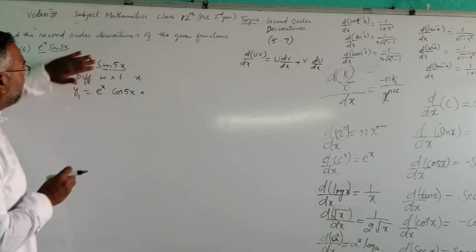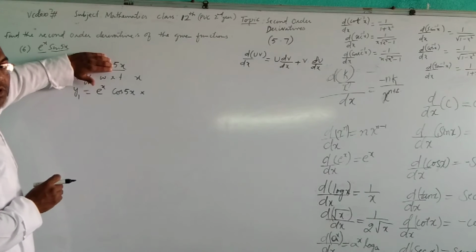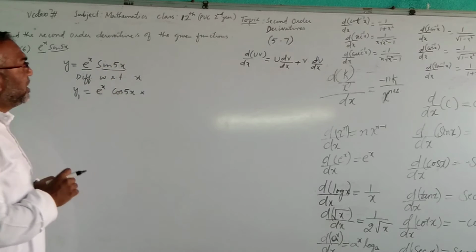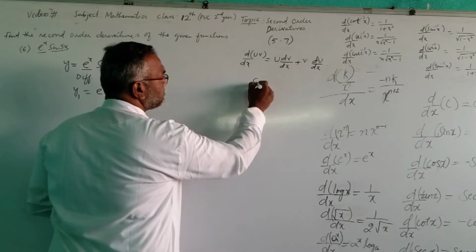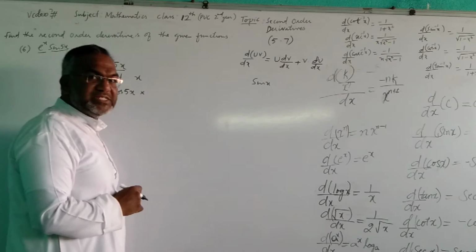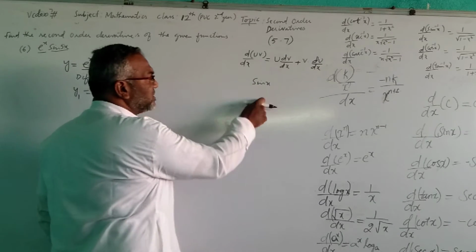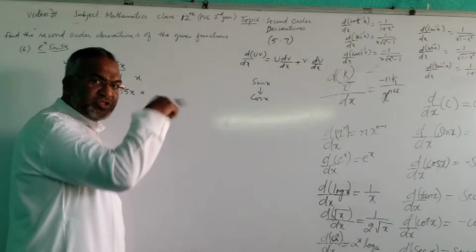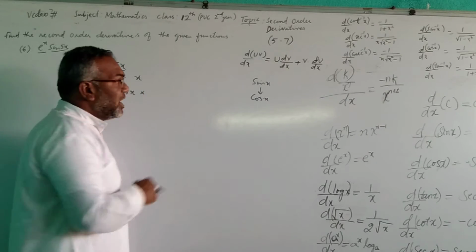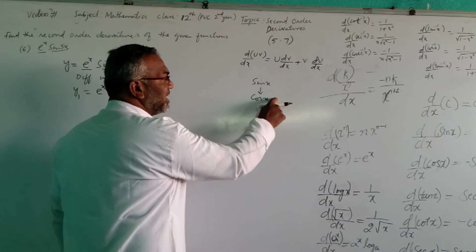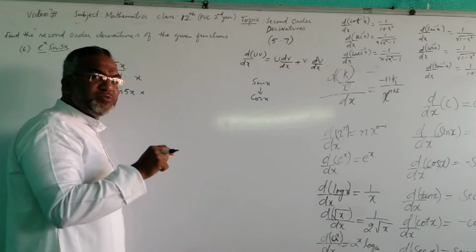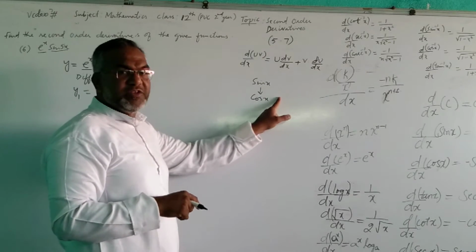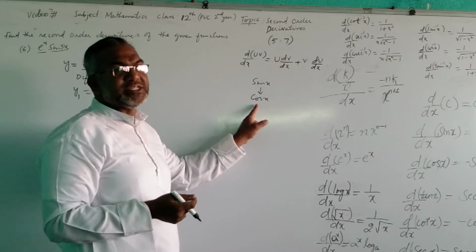We have to differentiate 5x also. It's a composite function. If it is just sine x, then the differentiation of sine x will be cos x, and no need to differentiate x again because differentiation of x with respect to x will be 1. Cos x into 1 will be again cos x.